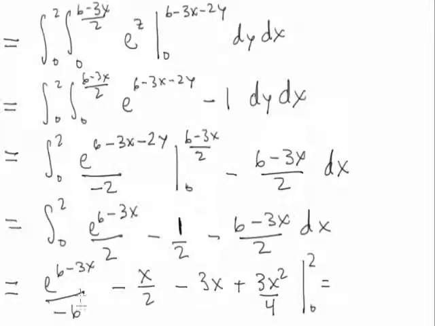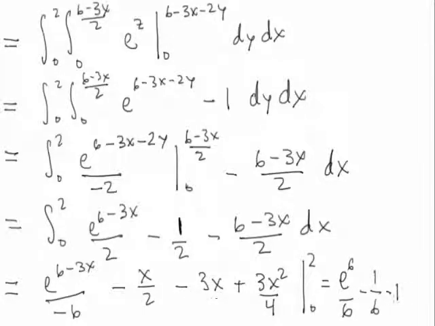So this first term, again, the negative sign says I'll plug in the bounds backwards. So when I plug in x equals 0, I get e to the 6th over 6. And then when I plug in 2, I get 6 minus 3 times 2 is 0. So I get e to the 0 is 1. So I get minus 1/6. And now right here, this gives me a minus 1.